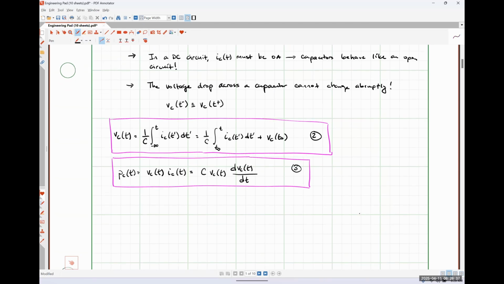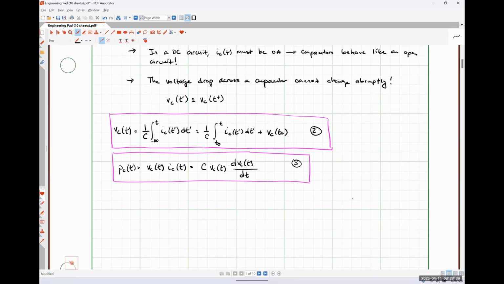And following an extremely similar derivation to what we did on Wednesday with inductors, we could say that the energy stored by a capacitor is going to be the integral from negative infinity to t of Pc of t dt. And this is just going to come out to be 1/2 times the capacitance times the voltage drop across the capacitance squared.